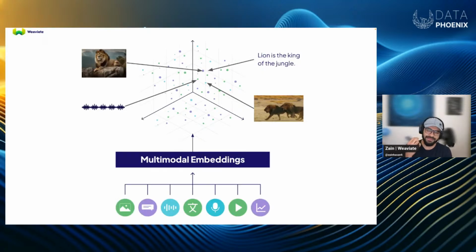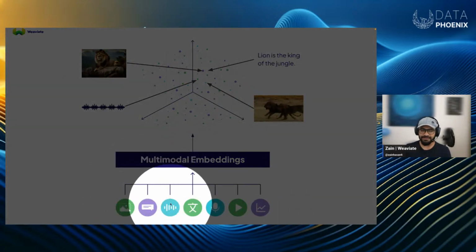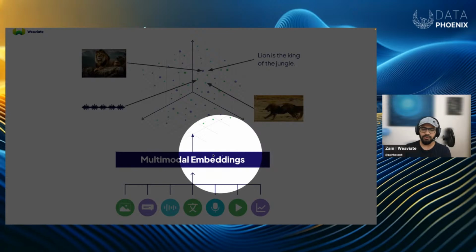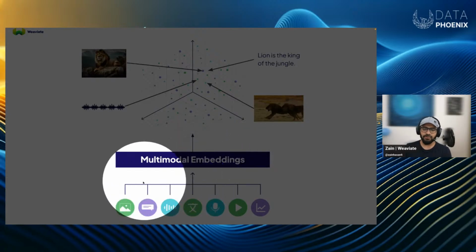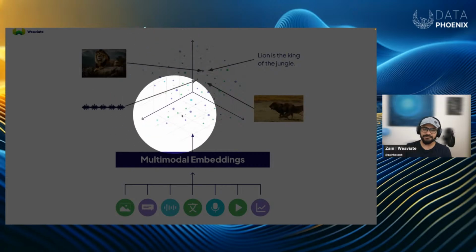All right. So the main idea behind a multimodal model is that you want to start off with all of the different types of data over here, right? So this can be images, text, audio, so on and so forth. And you want to have some sort of machine learning model, some sort of encoder or multimodal embedding that will project all of these different senses or media types into the same vector space, right?